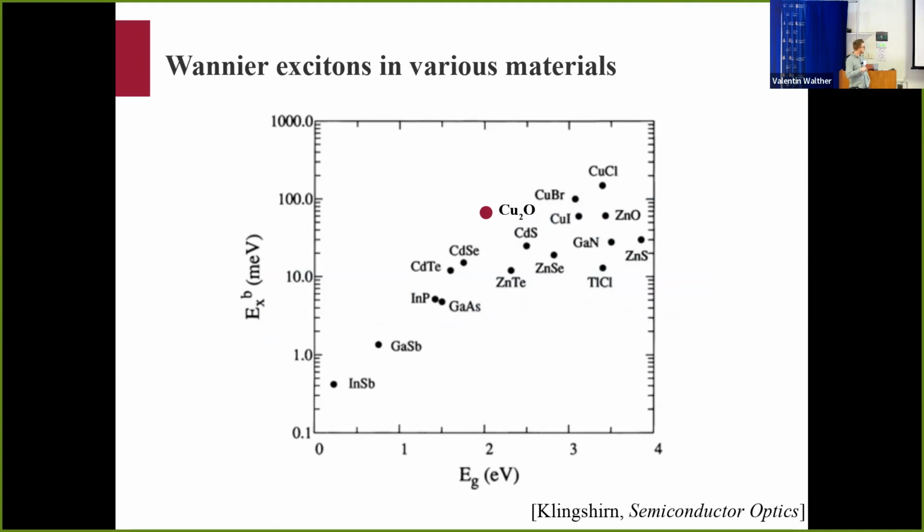The lowest is a famous semiconductor, gallium arsenide, with fairly low excitonic binding energy, all the way up to fairly highly bound excitons. We'll talk now about one specific one that I already mentioned, cuprous oxide, which lies here, and another one that lies even further above. This is a 2D semiconductor.